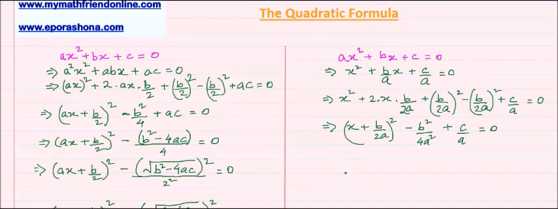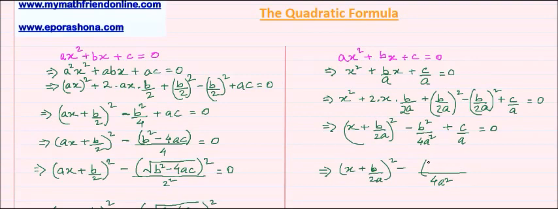So we do that. We keep the first part as it is. It is x plus b by 2a whole square, and we take minus sign outside and we put 4a square in the denominator, and as before we put a bracket.